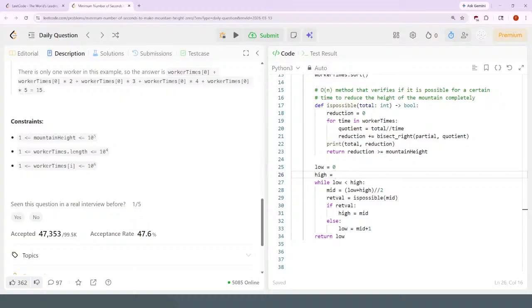Mountain height is 10 to the 5th. Not a number. Okay, let's just make it something really large that I don't think is possible. Let's do 10 to the 9th.